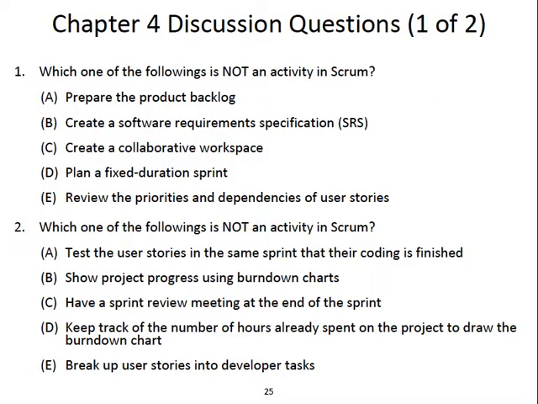嘗試睇下我哋啲 discussion question 先。Which one of the following is not an activity in Scrum? Prepare the product backlog, create a software requirement specification, create a collaborative workspace, plan a fixed duration sprint, review the priorities and dependencies of user stories.